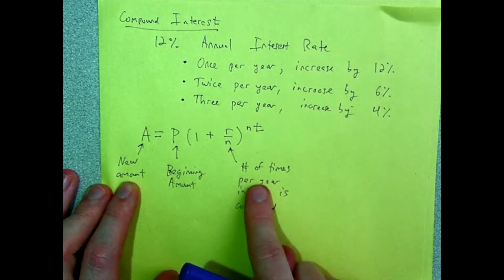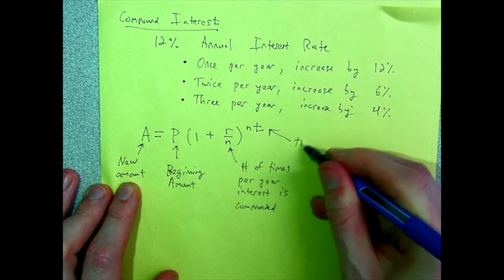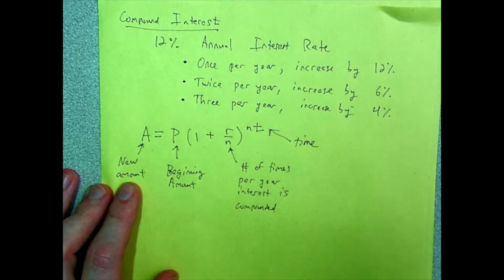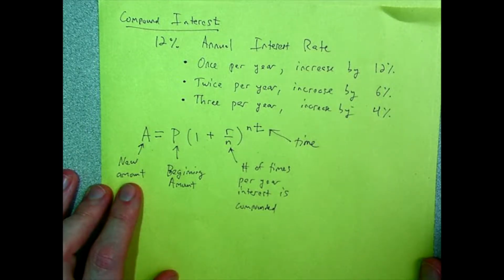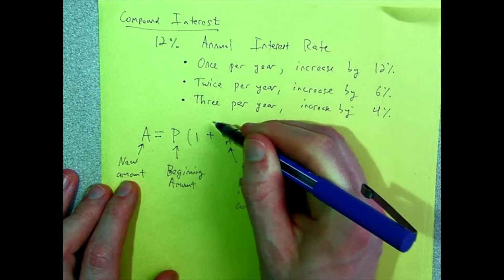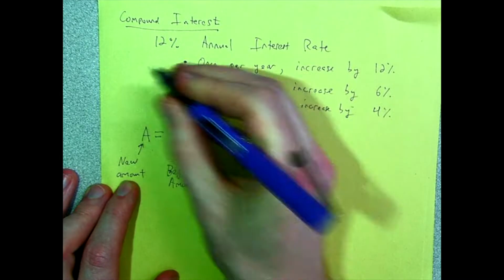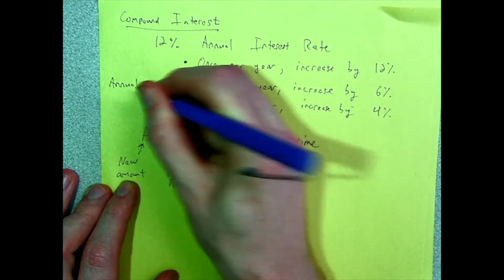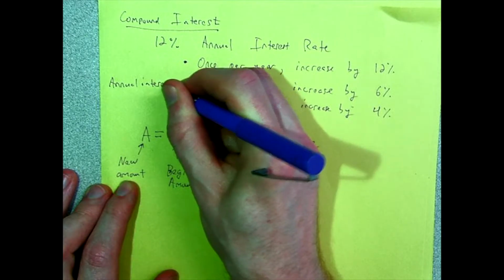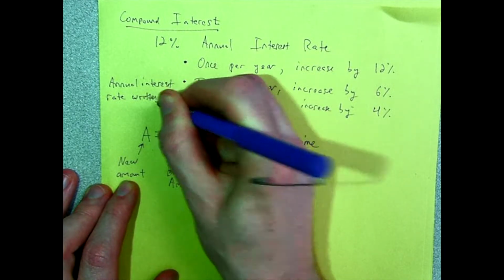T, not surprisingly, represents the amount of time that the account has been accumulating interest. And that just leaves R. So what is R? R is the annual interest rate written as a decimal.